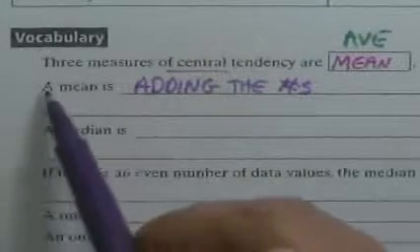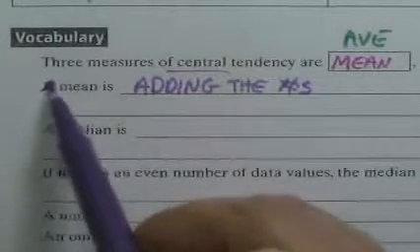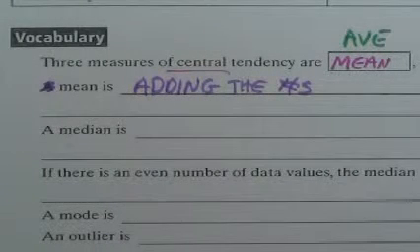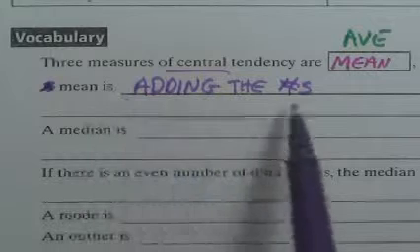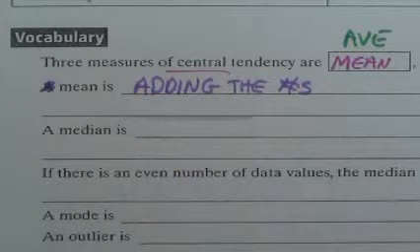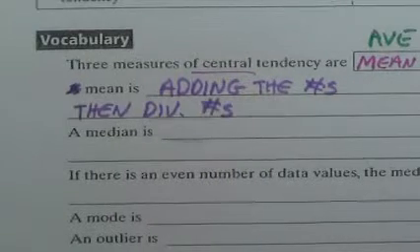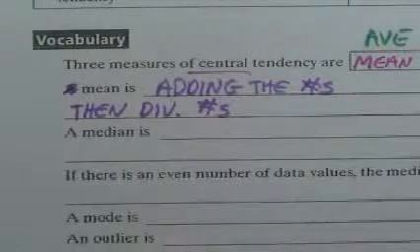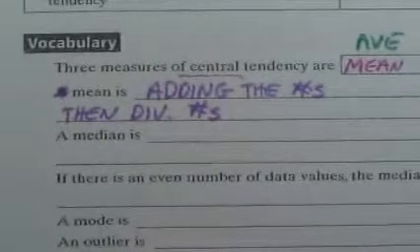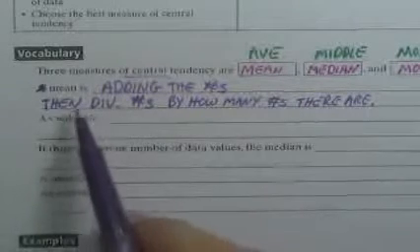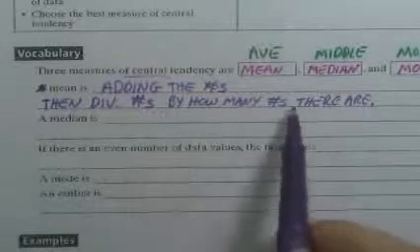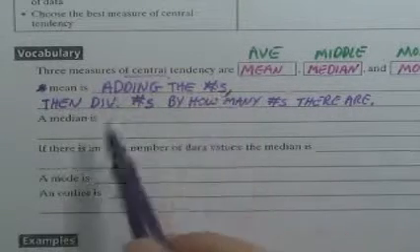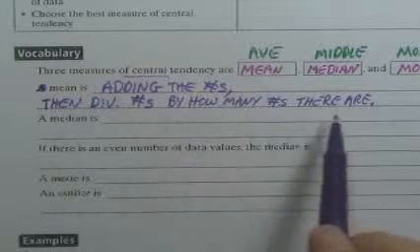Now I'm going to change the definition just a little bit here. Mean is adding the numbers, then dividing the numbers by how many numbers there are.